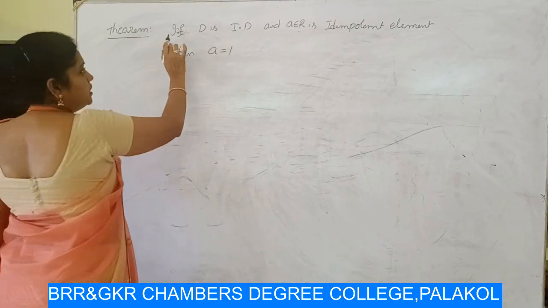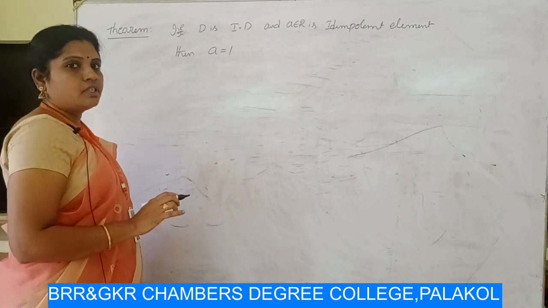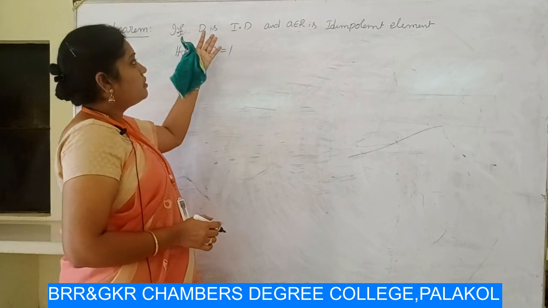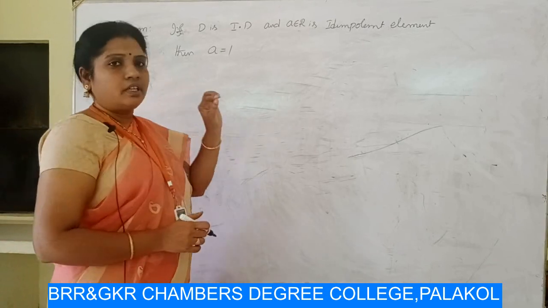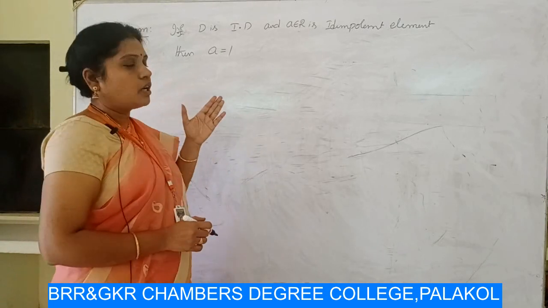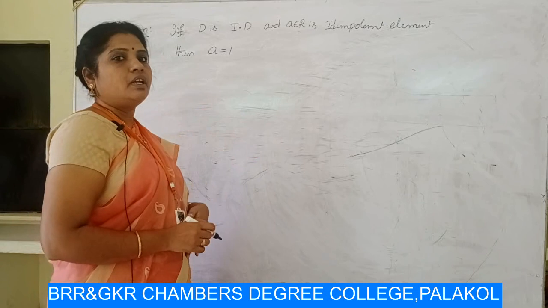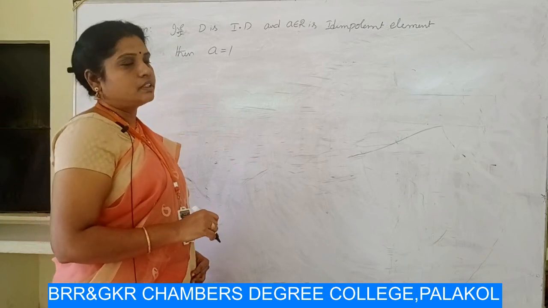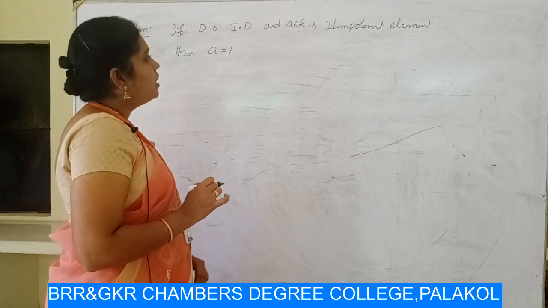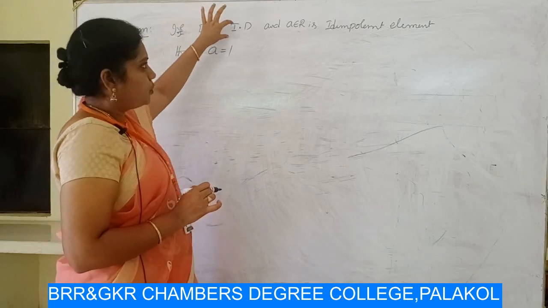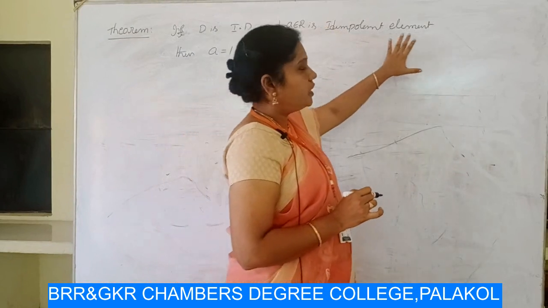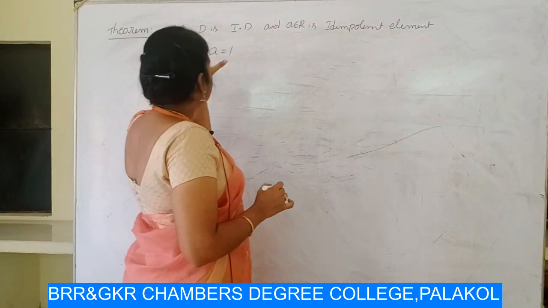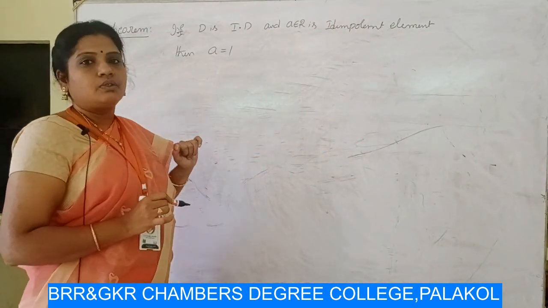Here D is an integral domain. That means, I told the definition of an integral domain, that is D is a ring and has commutative ring and has unity element and without zero divisors, then it is called an integral domain. Here our ring is an integral domain and if we take any element in R that is an idempotent element, then we have to prove A is equal to 1.